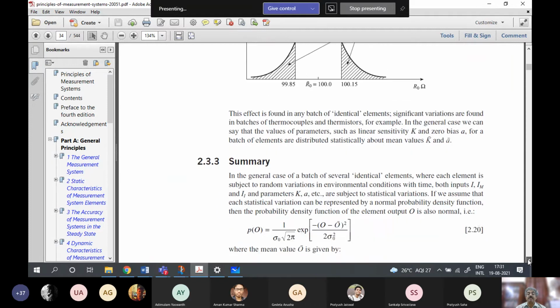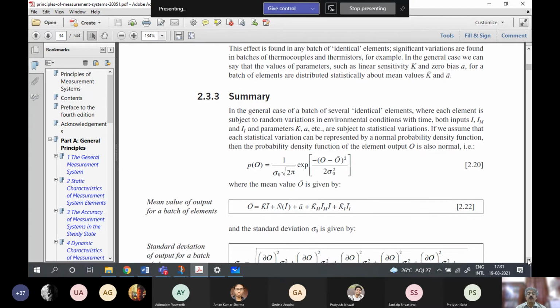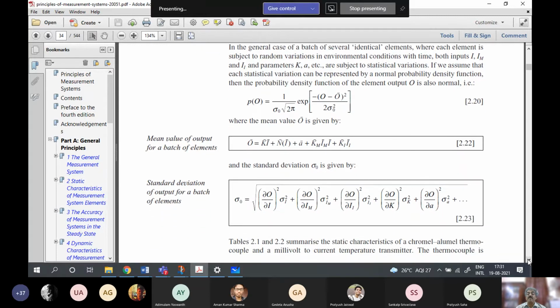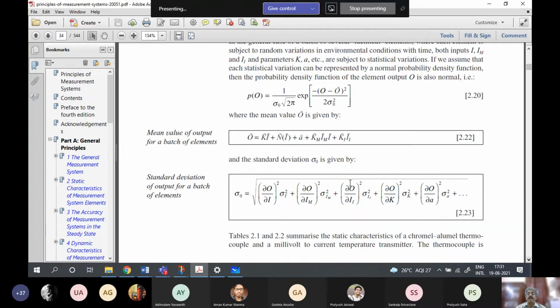So now you see that when you have a batch of elements and you are only considering the mean values of the batch, then you have to consider the variations in the gains, the variations in the offsets which could occur.